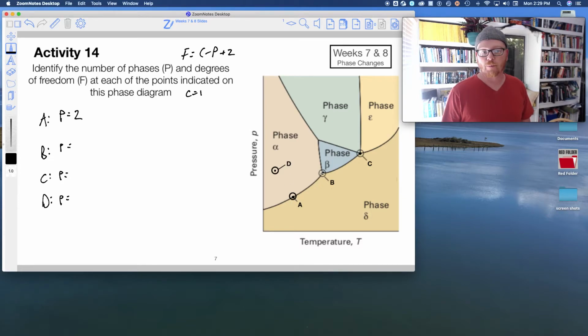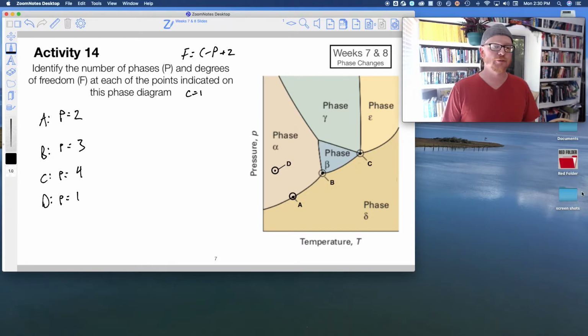What about point B? It would be 3: phase delta, phase alpha, and phase beta. What about point C? That's 4 phases: delta, beta, eta, and gamma. And at point D, there's just 1 phase.